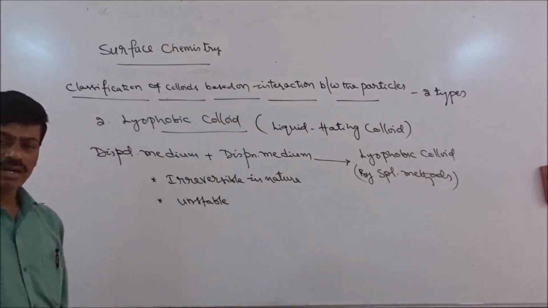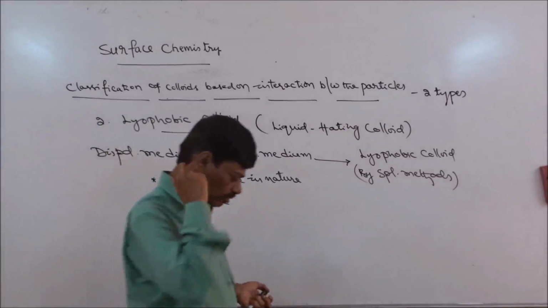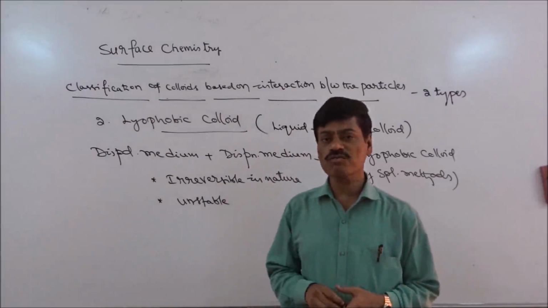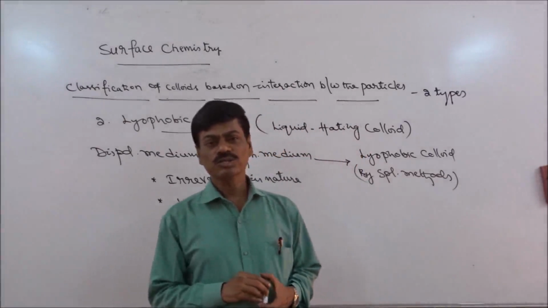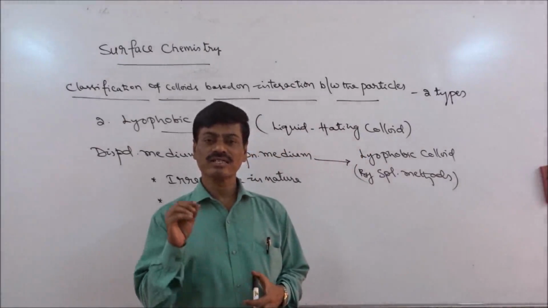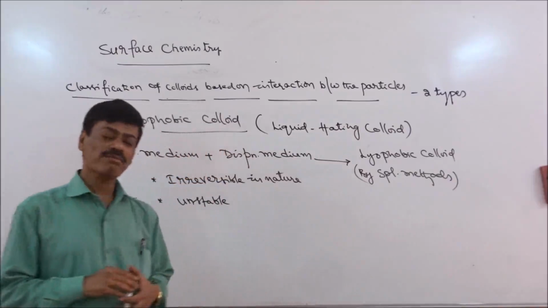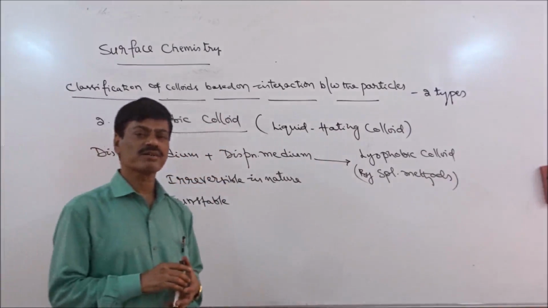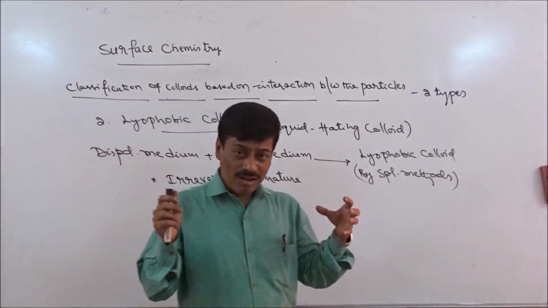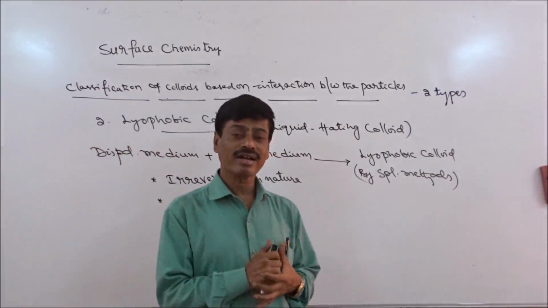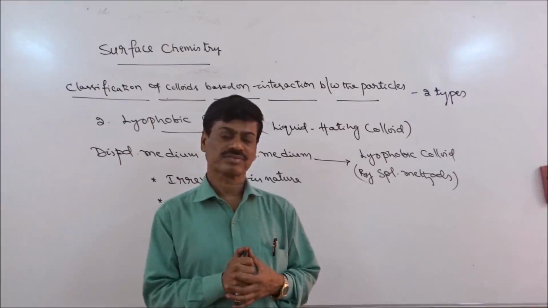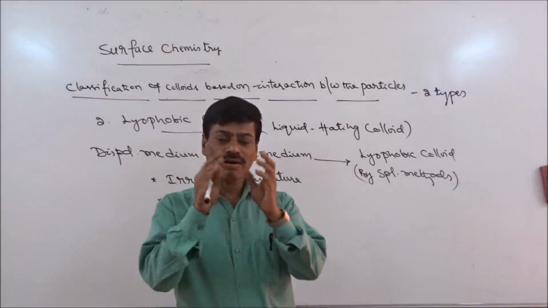They are not stable. Means, say, we have taken 100 ml of lyophobic colloid. To that, if we add a few drops of electrolyte, immediately the particles of the dispersed phase get concentrated or aggregated to form a heap of the particles.